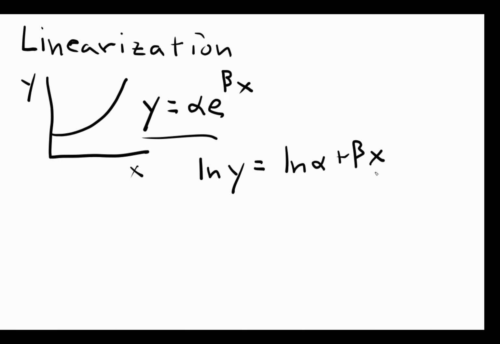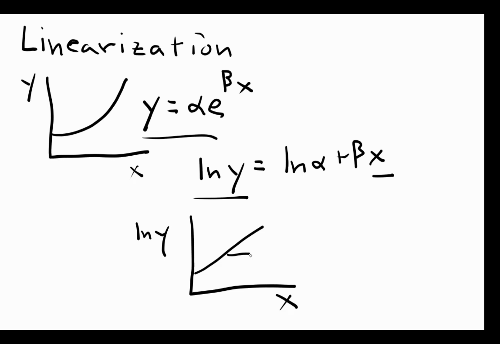So now we have a linear relationship between x and the natural log of y. So if we plot axes with x and the natural log of y, we have a linear relationship. And the slope of this relationship is going to be beta. The intercept of this relationship will be the ln of alpha.